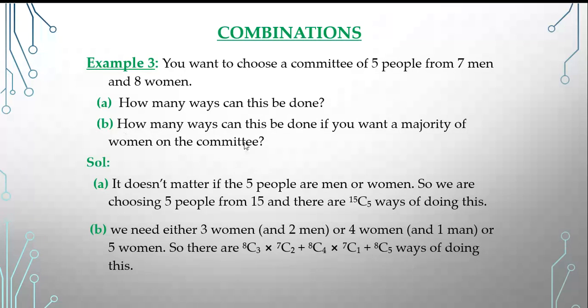Majority of women means that out of five people, the majority are women. So what are the cases? The first case is that out of the five people in the committee, we have three women and two men. The condition is that women should always be greater than men.